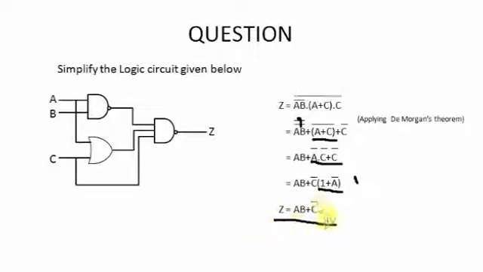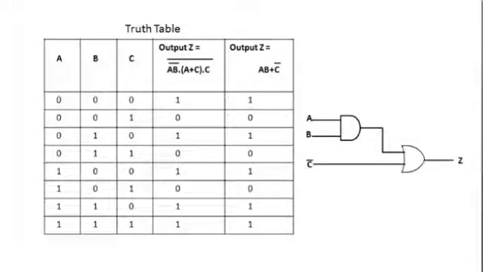So this expression will be the reduced one, and it is enough to implement this logic, and we can prove this by comparing the truth tables. So you can see the reduced circuit diagram of the logic, the reduced expression AB + C'.